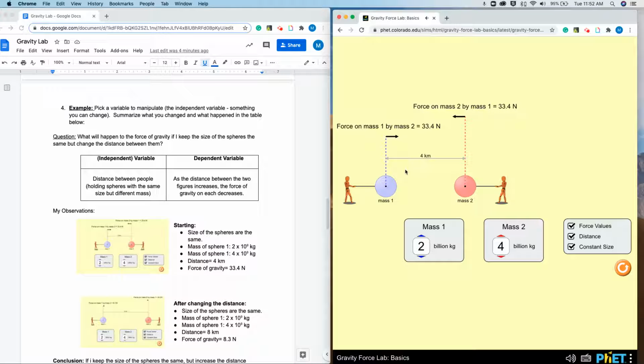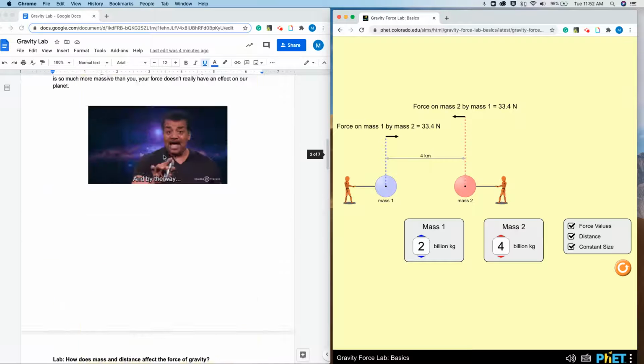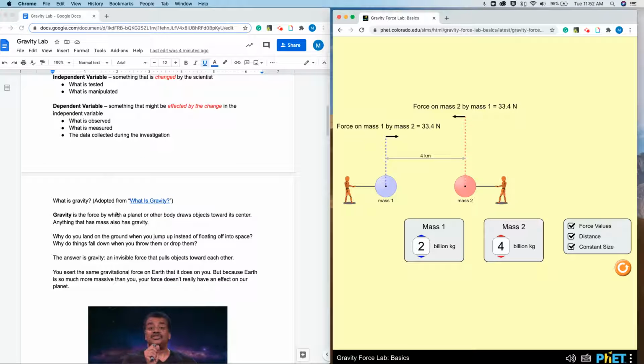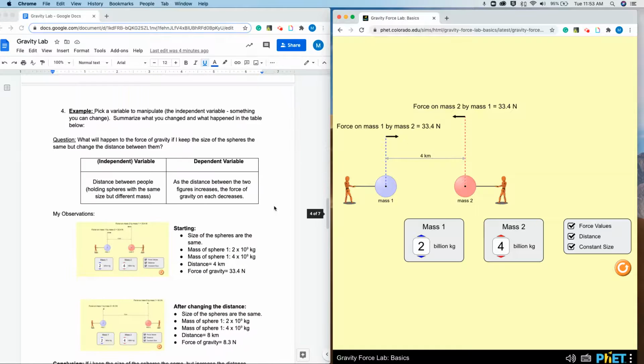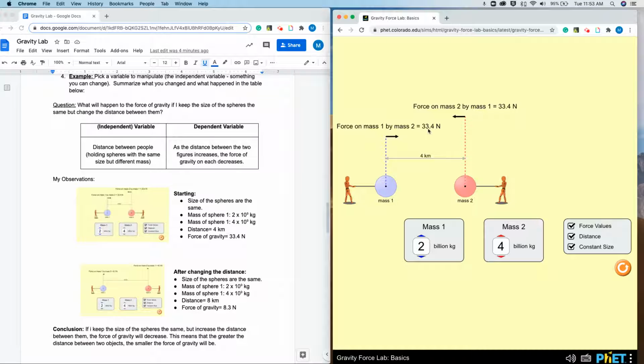I've also noted that, since we learned up here that you exert the same gravitational force on the Earth as it does on you, these spheres will exert the same gravitational force on each other. I note that that is 33.4 newtons, the gravitational force of each sphere on the other.